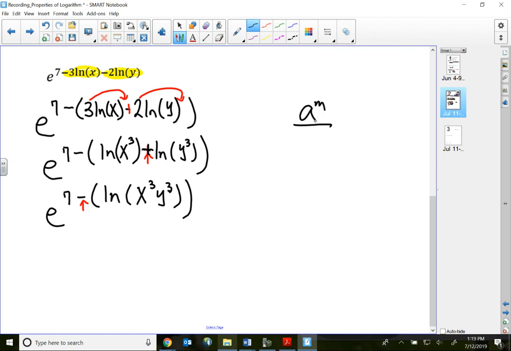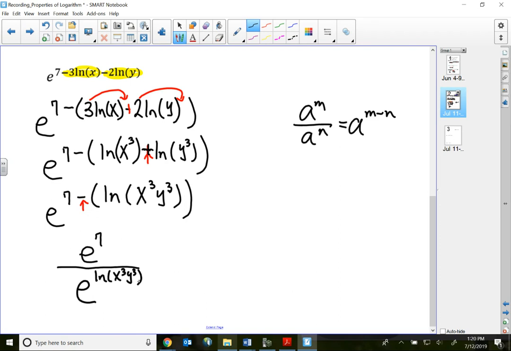quotient rule. For any real base a to the n power divided by the same base with a different exponent, the quotient rule for exponents says we will take the top exponent minus the bottom one, right? So now this is exactly what I have. I have a subtraction on the exponent. So that means I can rewrite them as e to the 7 over e to the natural log of x to the third, y to the third.